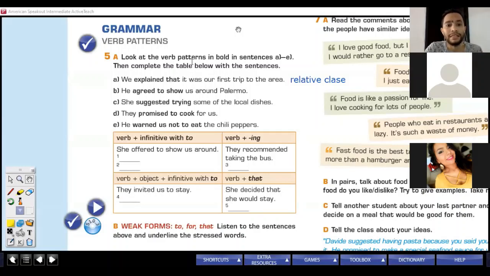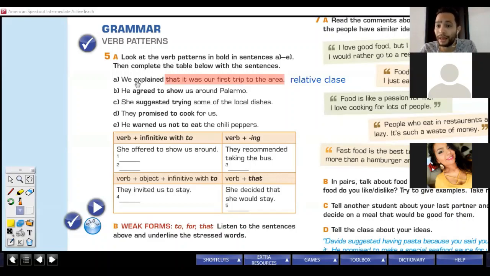But the idea is that this part right here is the pattern that the verb explain is telling us to use, right? So explain is followed by that.